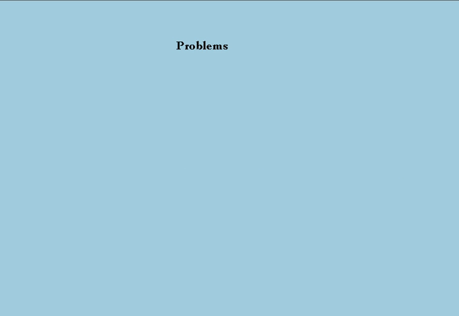Next, we are going to discuss a problem based on finding the local maxima or local minima of a given function. Here we have a problem which says: find all the points of local maxima and minima of the function f(x) equal to x cube minus 6x square plus 9x minus 8.